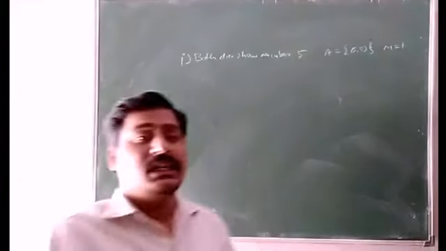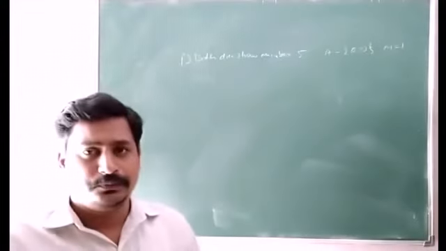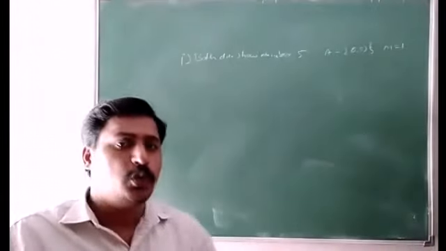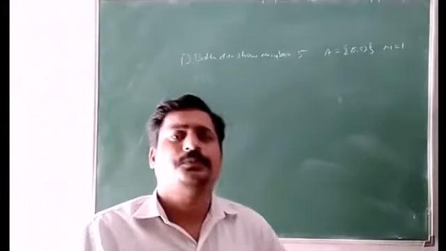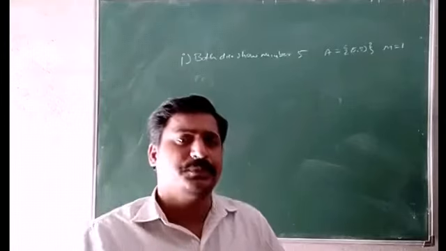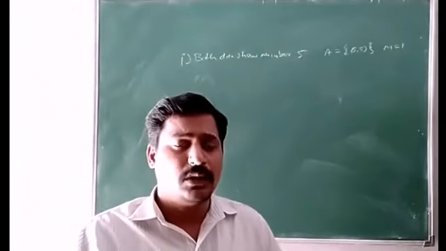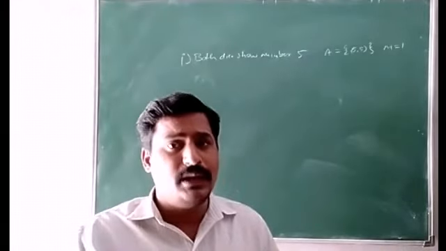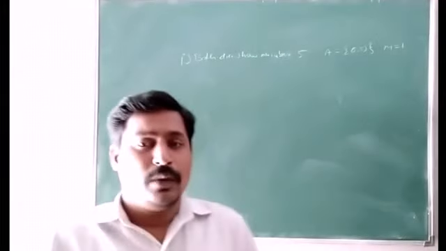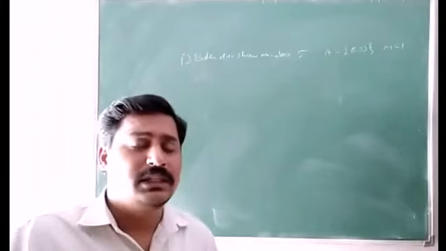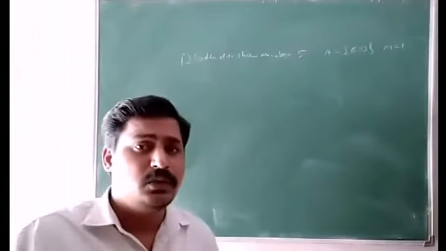So what are the exhaustive cases? Here N is 2, and the number of outcomes when we throw one die is total 6, numbers 1 to 6.